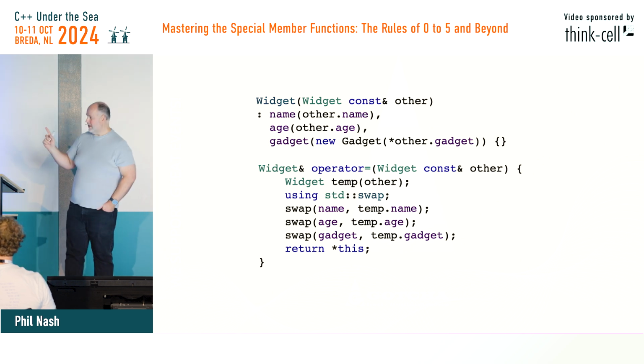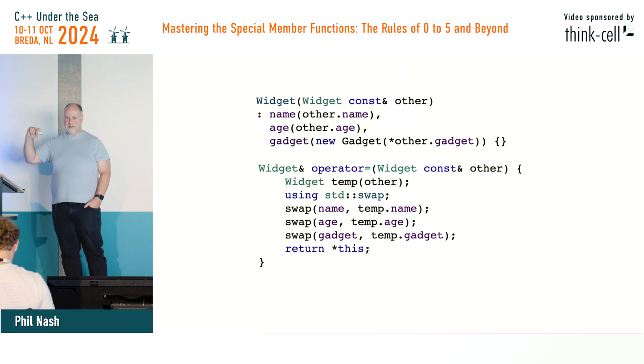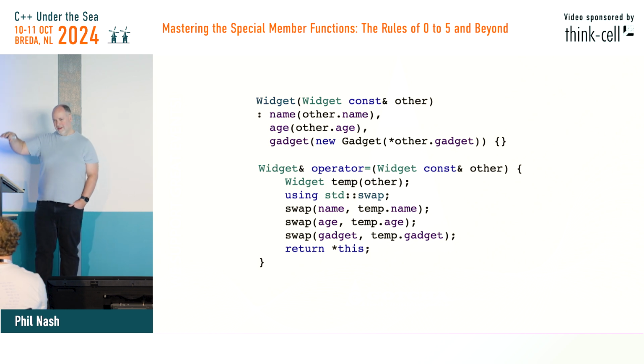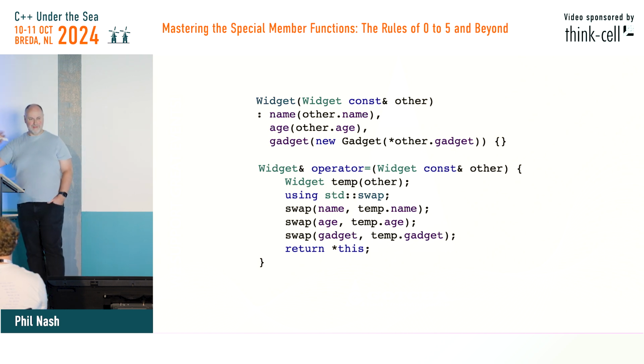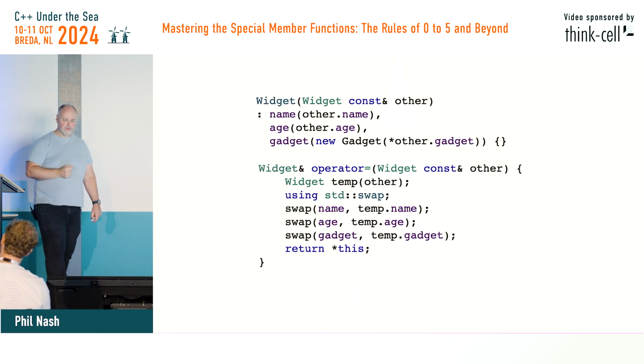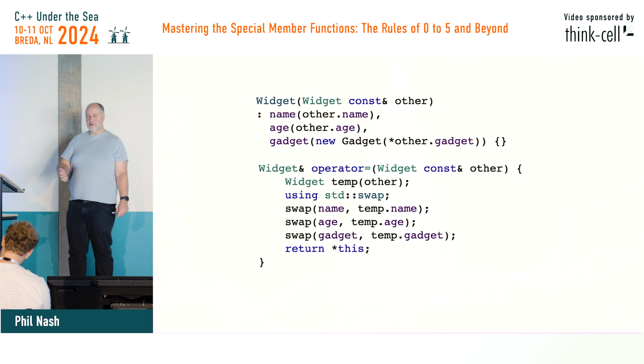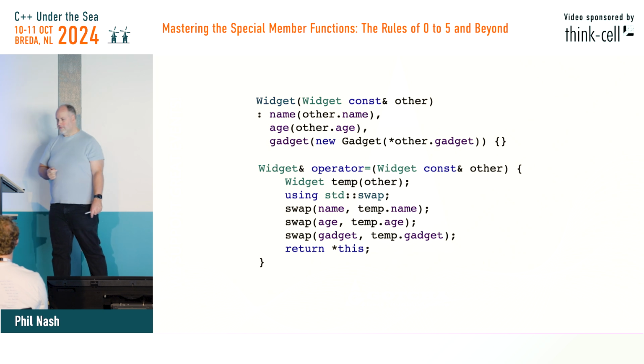One more thing to point out in here, you may have noticed the using std swap. I'm not just doing that because I'm lazy and don't want to type out the std each time. This is the idiom that we should be following now, because we have std swap, the default implementation of which works pretty well for most types, certainly value types. We should use that where we can.